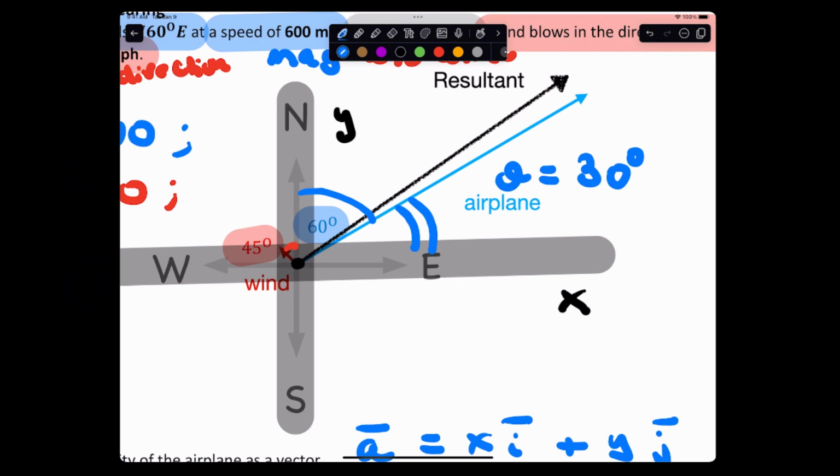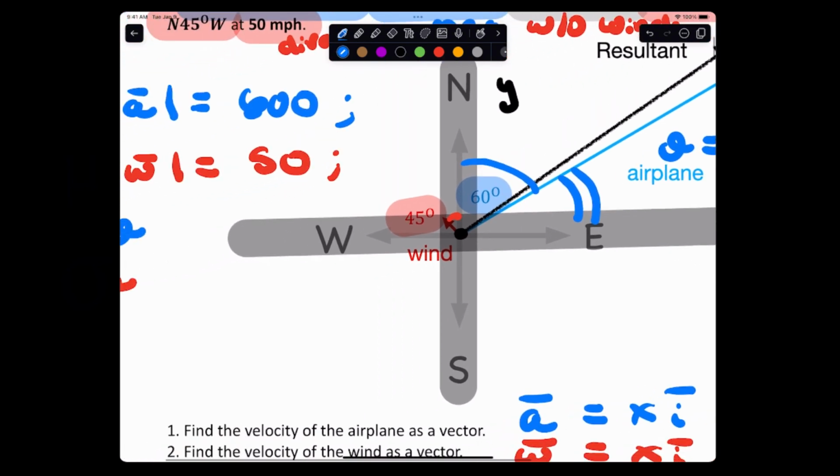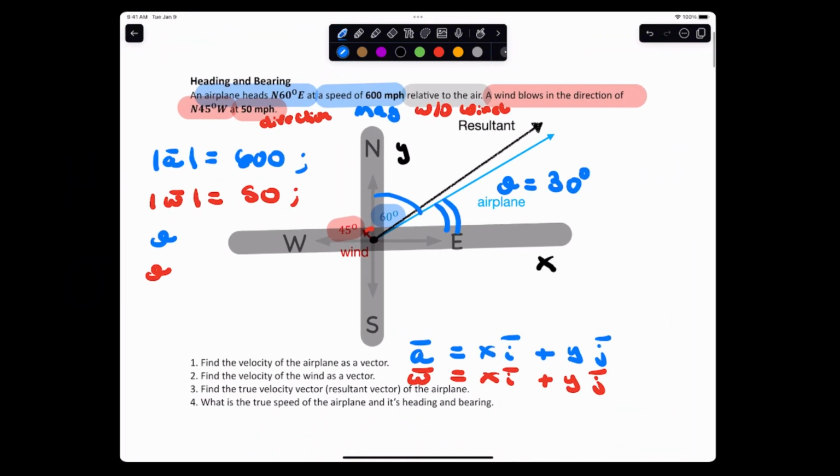So that 60 degrees and the 30 degrees, aren't they complementary? Oh my God, I'm going back to day one. Complementary angles. I guess you do need a little geometry here. So that's 30 degrees. So we already have theta for the airplane in blue.